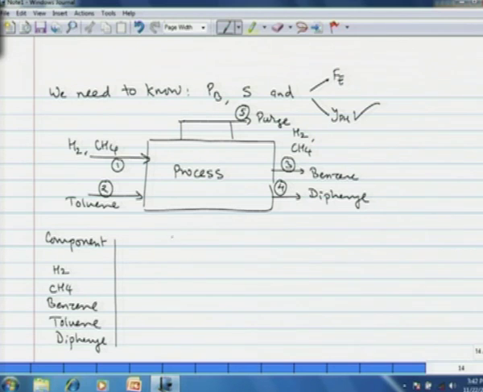And then in each stream we try to identify the exact composition. For example, in the first feed stream, the hydrogen is FH2, and FH2 is essentially the excess hydrogen plus the sum of hydrogen that is produced and utilized in the process.